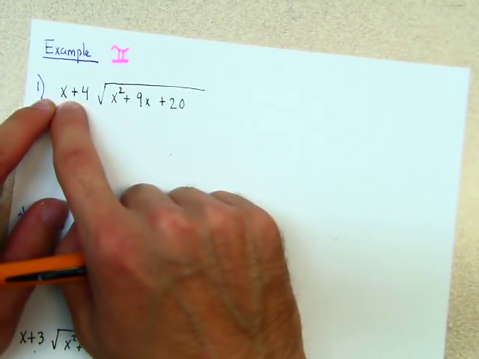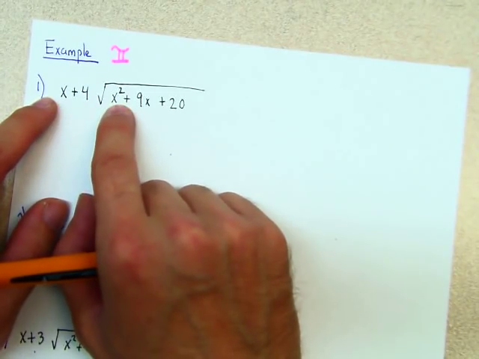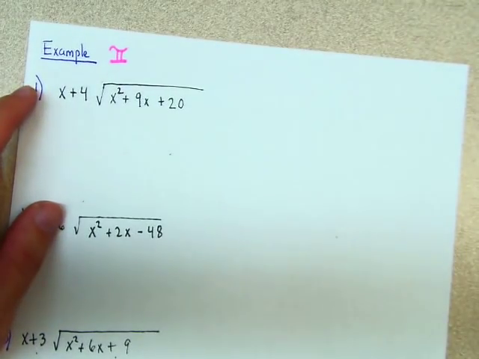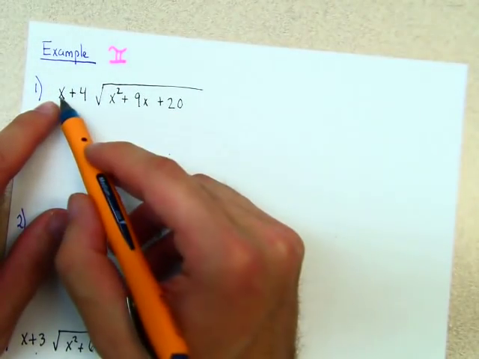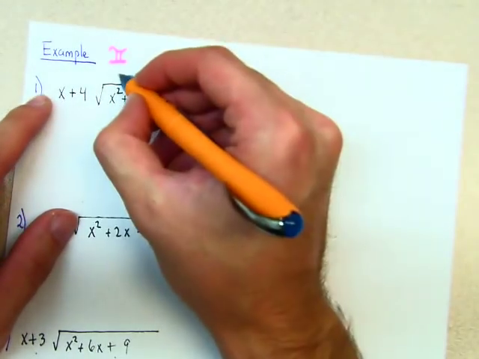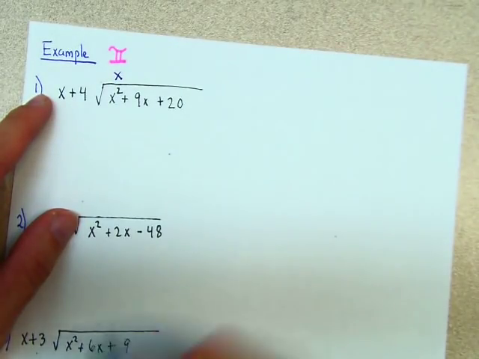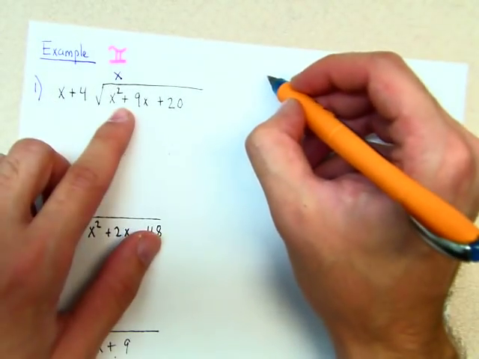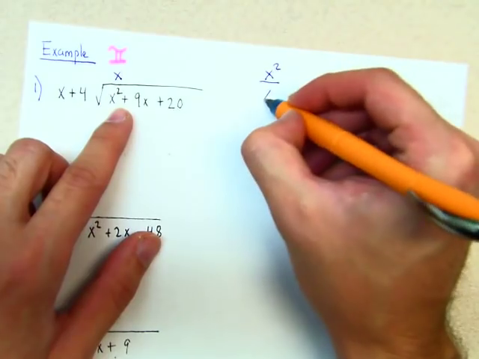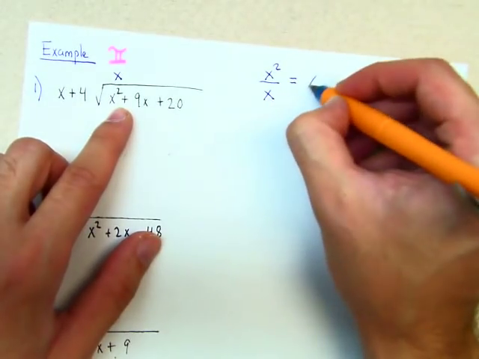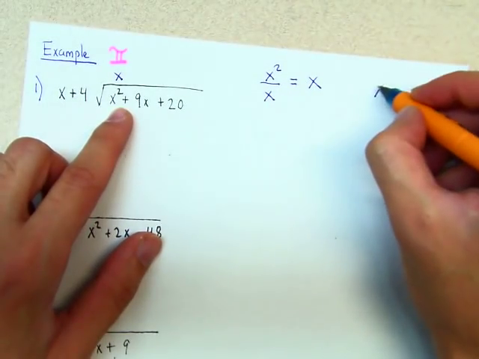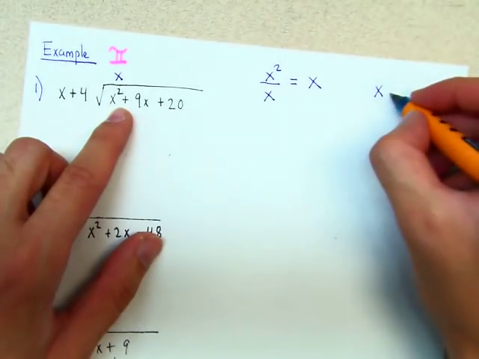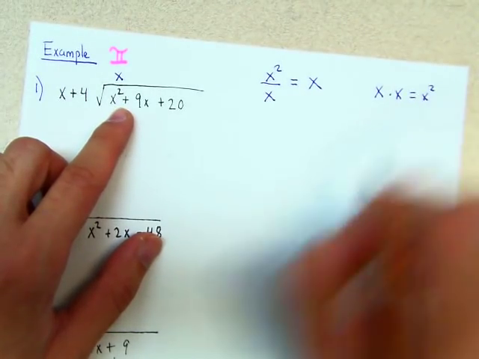Take this x and ask yourself how many times does x go into x squared? That is x. And if you ask why, remember, what is x squared divided by x? It's x, because this x times this x is x squared.